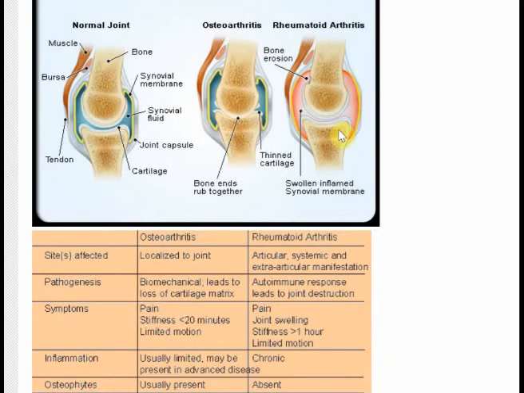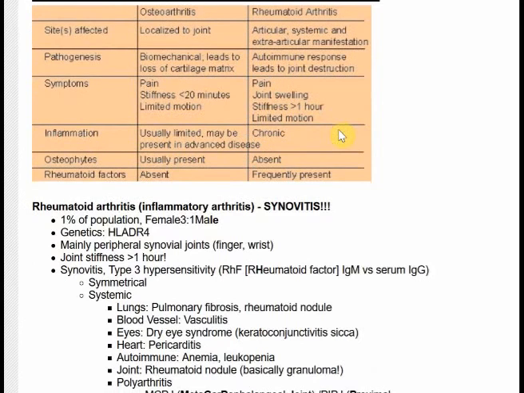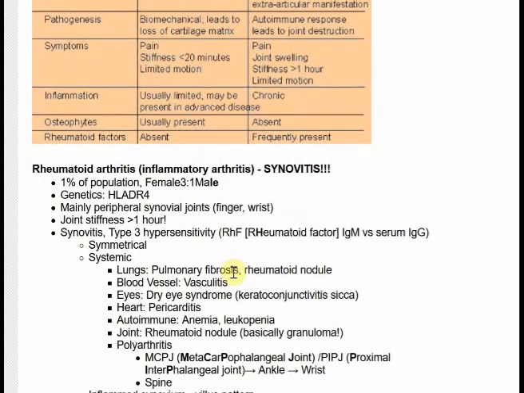The reason is because it is an inflammatory arthritis where you have rheumatoid factor, IgM. And this basically attacks body cells containing IgG. So you have the body, rheumatoid factor, IgM, fighting off its own cells, the IgG. That's a type 3 hypersensitivity reaction.